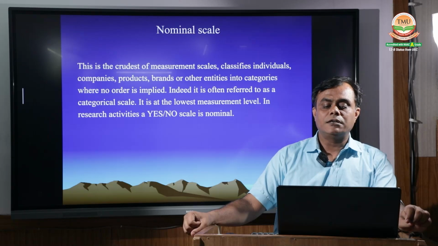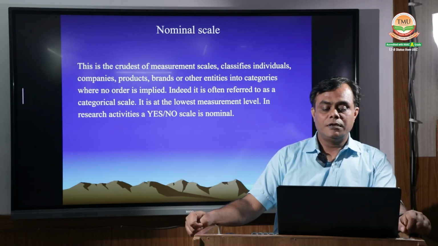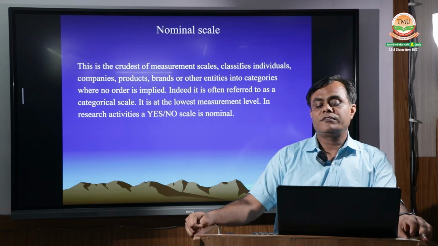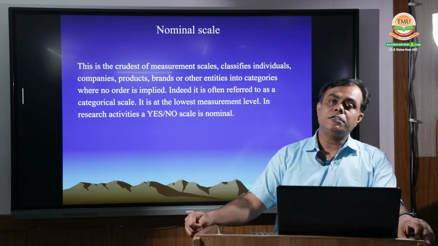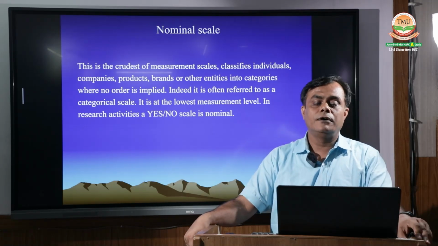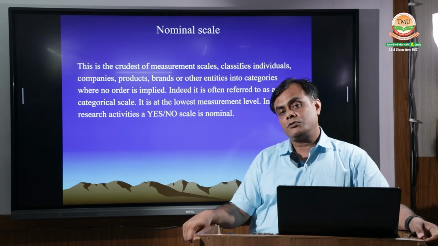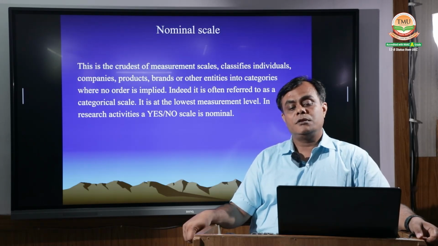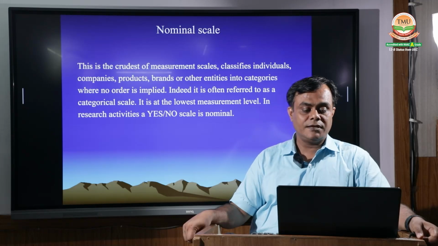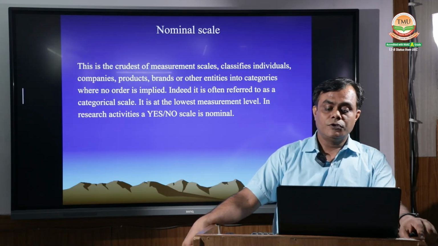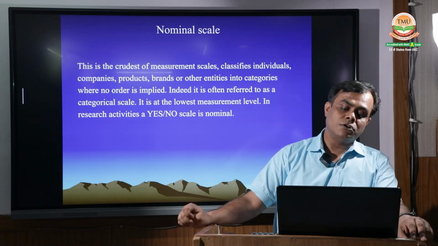It is at the lowest measurement level. If the research question is yes or no, the scale is nominal. So when you are asking any question and the option is yes or no, that is the nominal scale. So here in the nominal scale, we are just using yes or no.